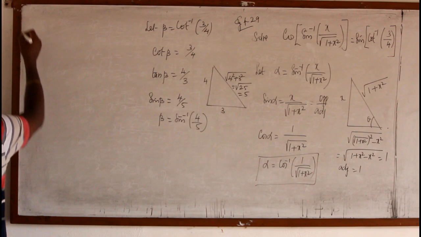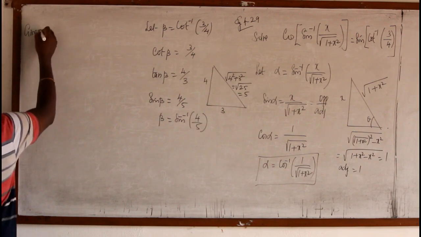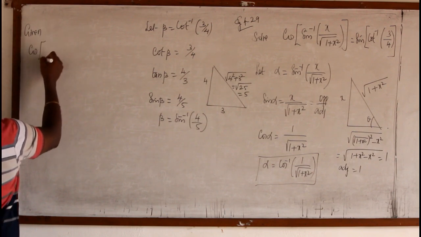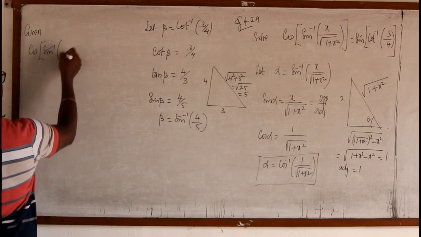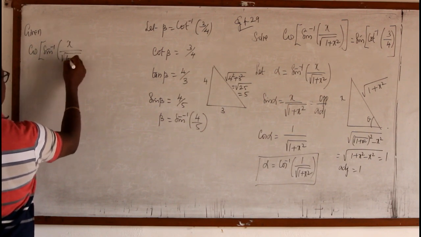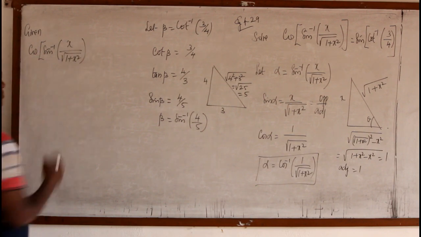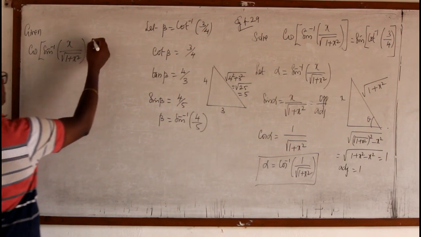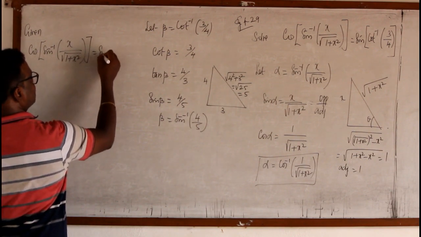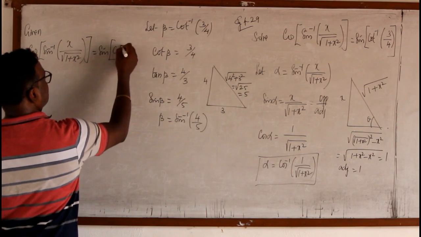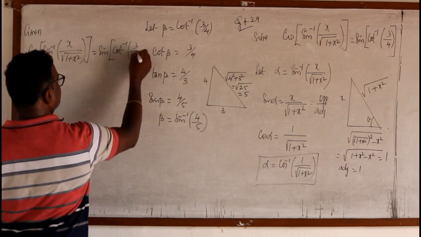Now the question is given: cos of sin inverse of x by root of 1 plus x square equal to sine of cot inverse of 3 by 4.